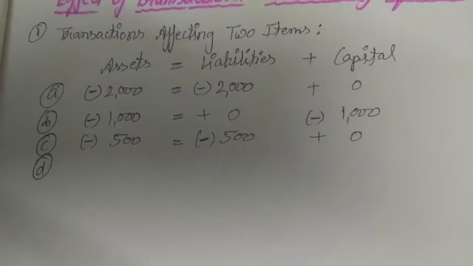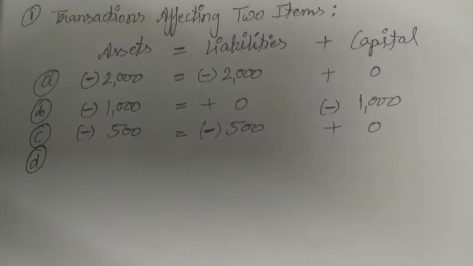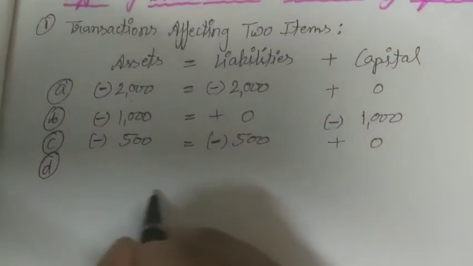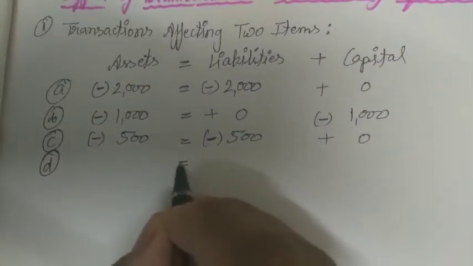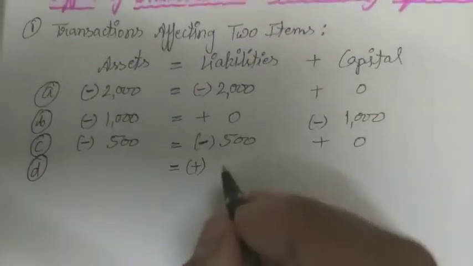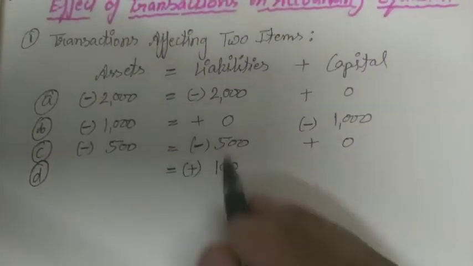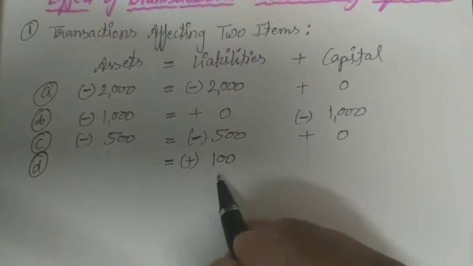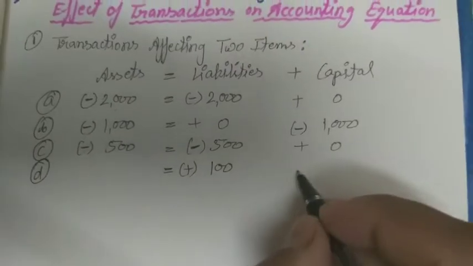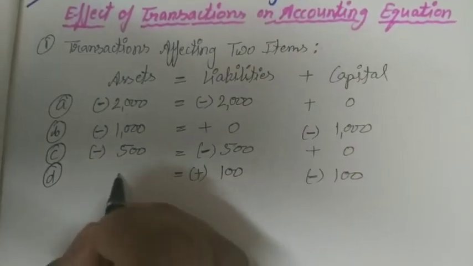If outstanding expenses are generated, in the last example outstanding expenses were paid, but in this one they are generated. So liability will be created, meaning liability will be added. For example, 100 rupees liability is generated, but outstanding expenses are expenses, so they will be subtracted from our capital. No effect on assets.